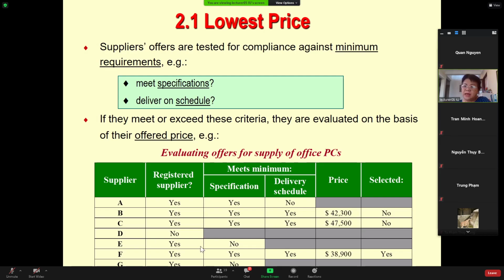Here in the table, for example, you have suppliers A, B, C, D, E, F, G, etc. These are the criteria for the pre-qualification: whether the suppliers are registered, and whether they meet the minimum requirement of the good or service you are requesting, based on the specification, the delivery schedule, and the price they are offering.